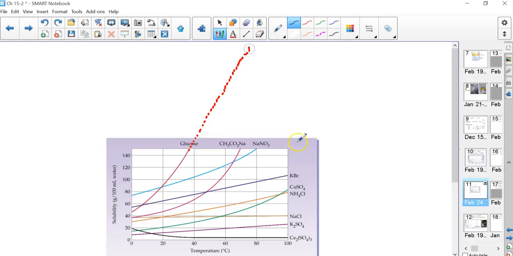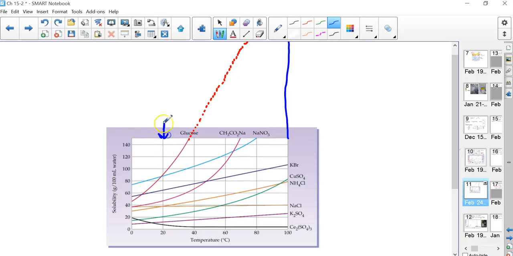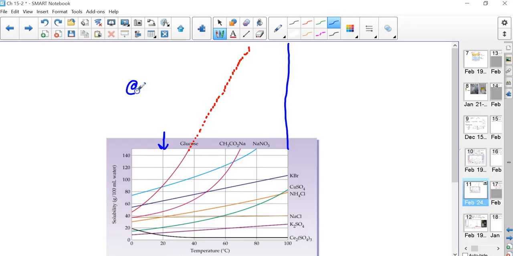boiling temperature. All right. Boiling is at 100 degrees C. So here's the boiling temperature right here. I'm going to do this roughly. And I looked up the values of the solubility of sucrose at 20 degrees C. So at 20 degrees C, right here, sucrose has a solubility of about 180 grams per 100 mils.